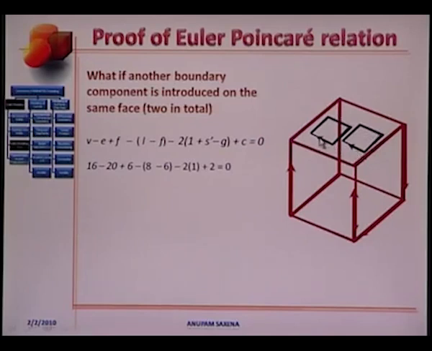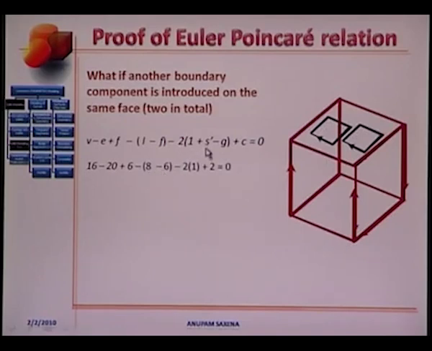The number of faces in the original block will be 6. The number of loops will be 8 now, 6 corresponding to the original solid and 2 corresponding to these 2 boundaries. So this is 8 minus 6.